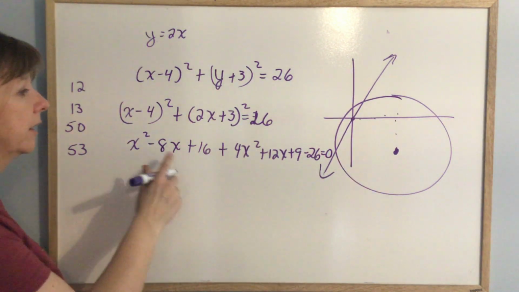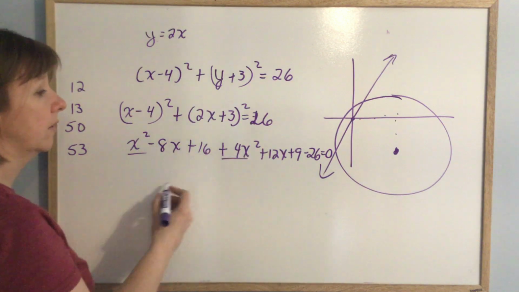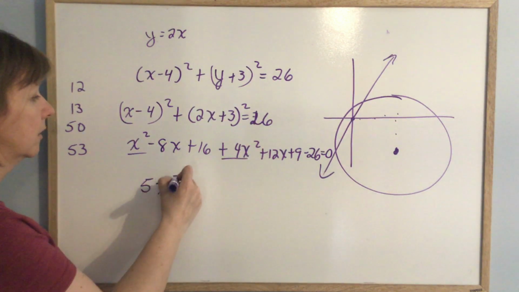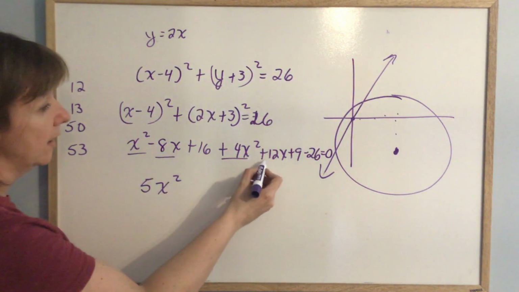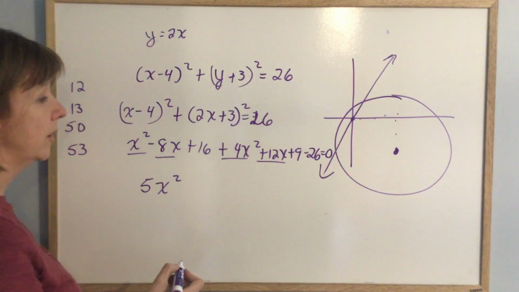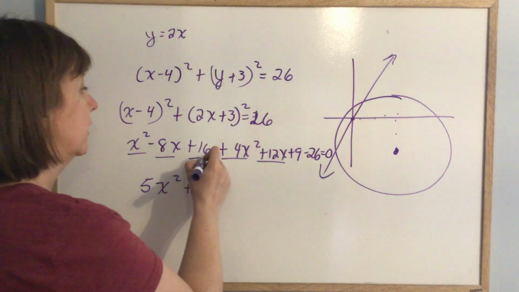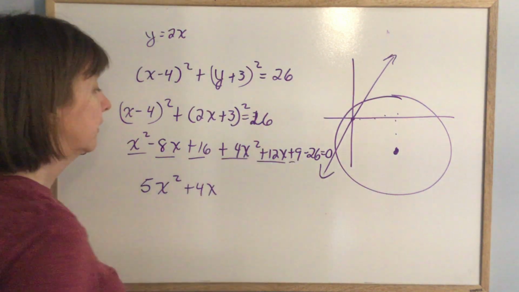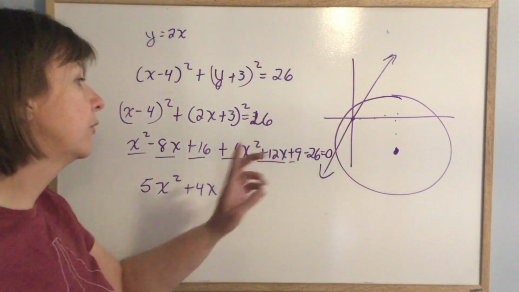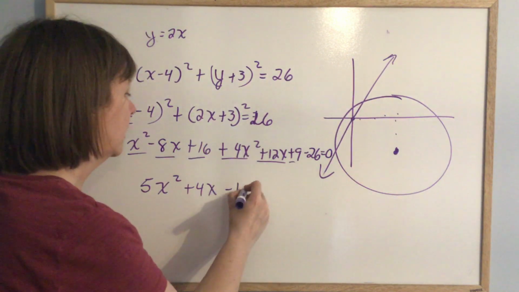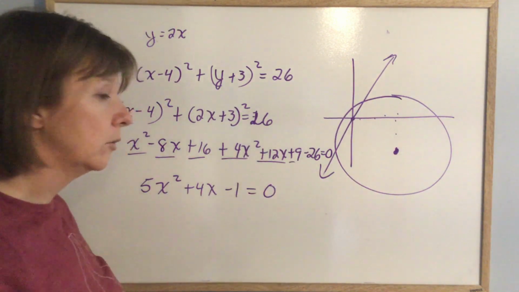So everything's on one side. So that is 5x squared. Negative 8x plus 12x would be plus 4x. And 16 plus 9 is 25. 25 minus 26 is minus 1. Is equal to 0.